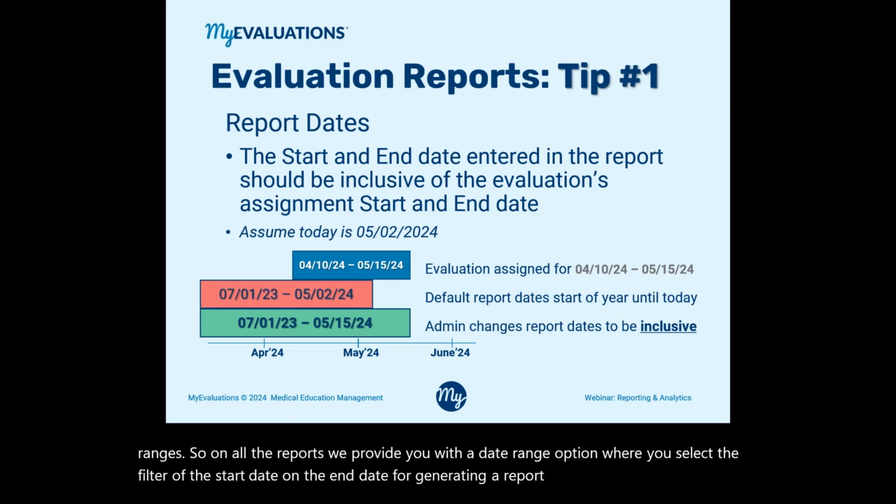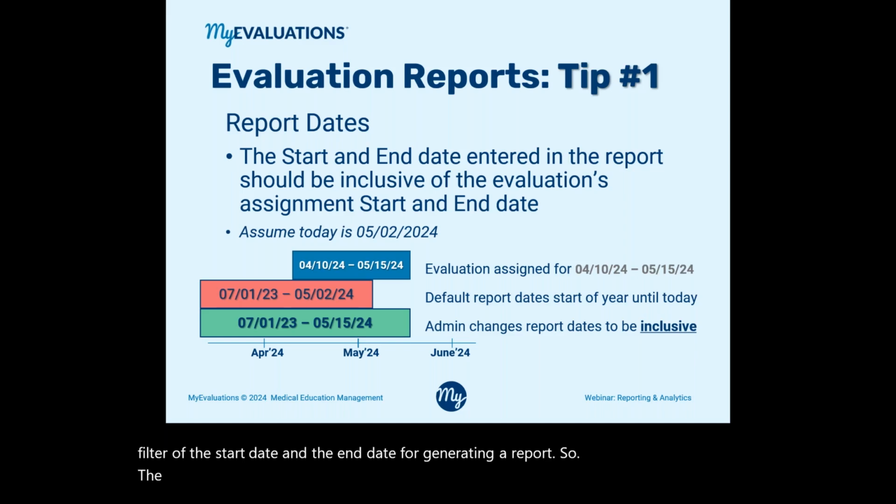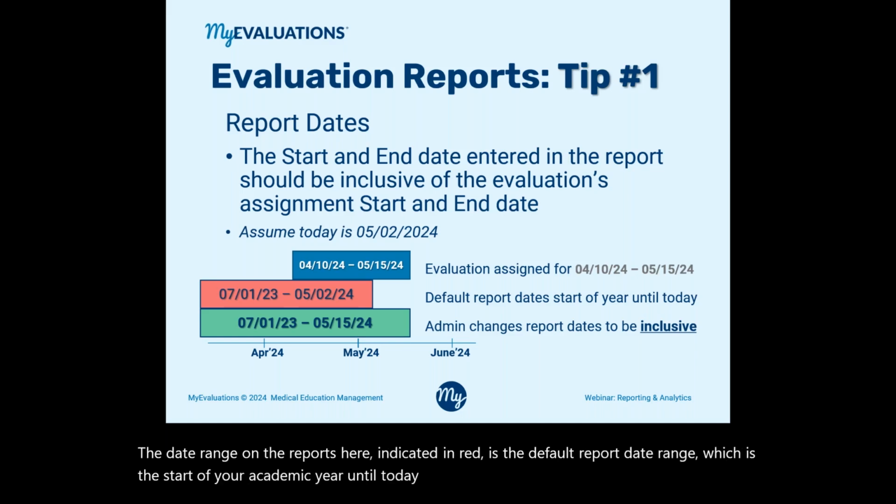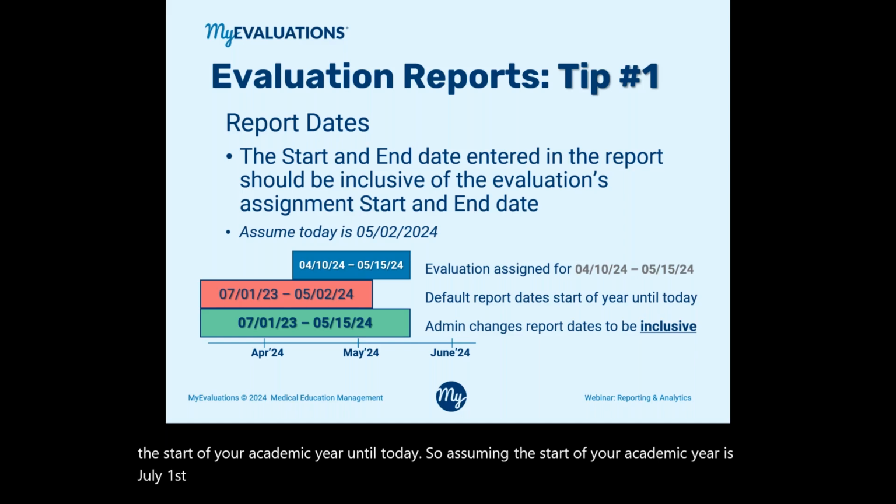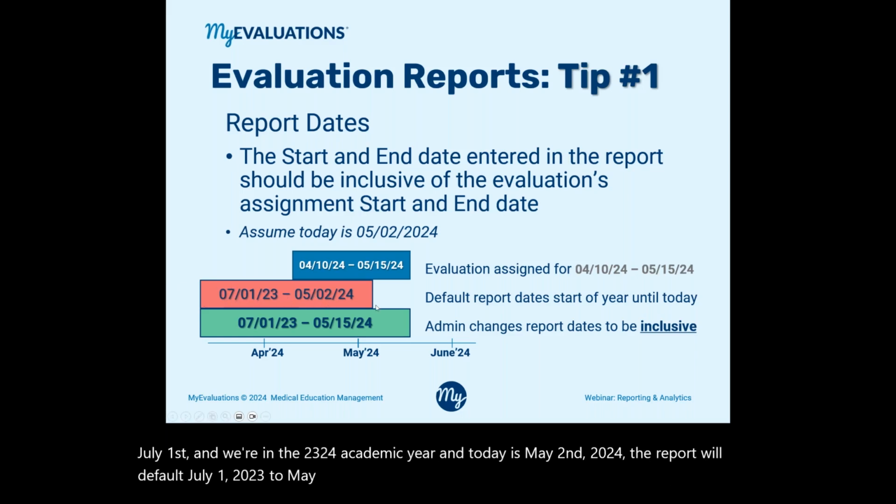The date range on the reports here, indicated in red, is the default report date range, which is the start of your academic year until today. So assuming the start of your academic year is July 1st, and we're in the 23-24 academic year, and today is May 2nd, 2024, the report will default to July 1, 2023 to May 2nd, 2024.